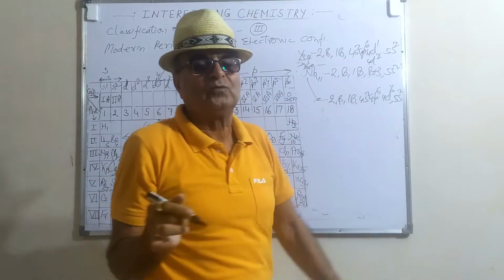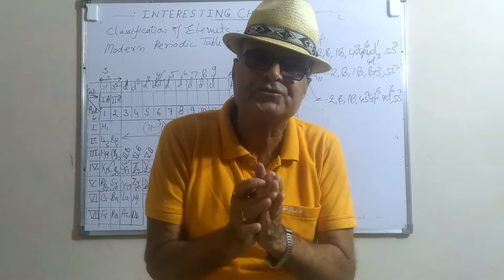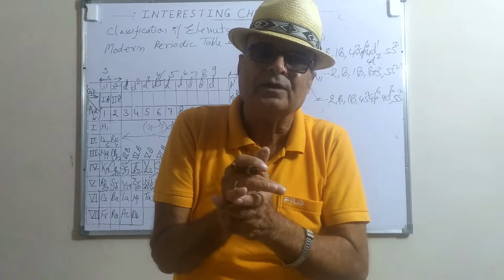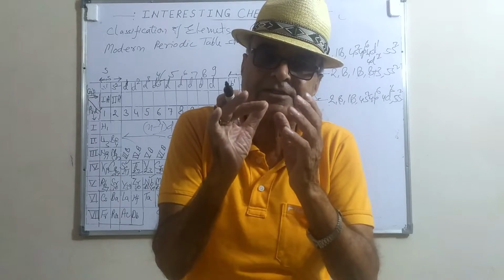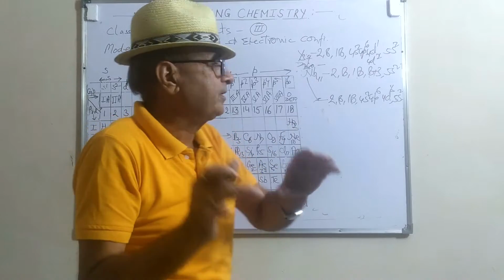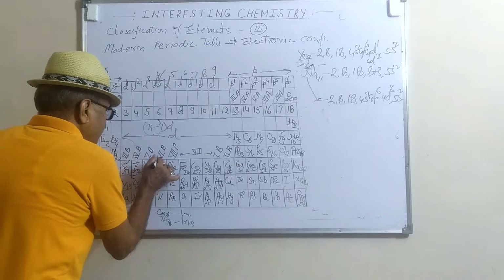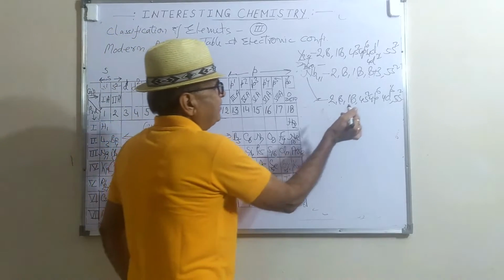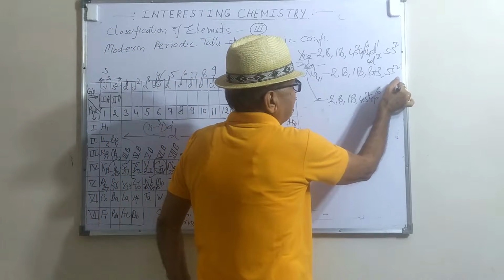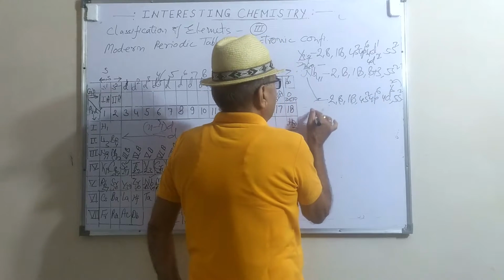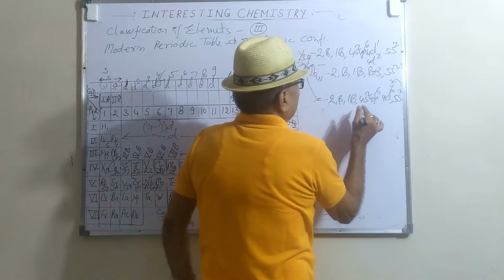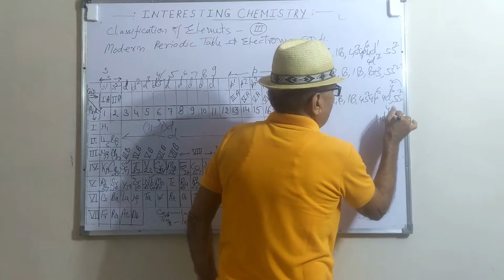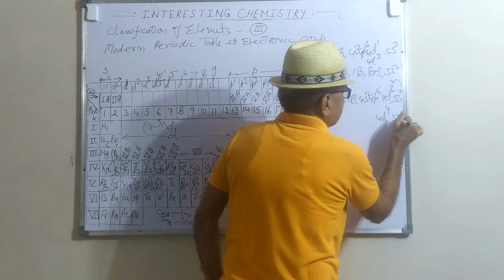Here I want to tell you, it is also a case of exception, as I told yesterday about chromium and copper. One electron will be migrated from here, and you will find the electronic configuration as 4d4 and 5s1.